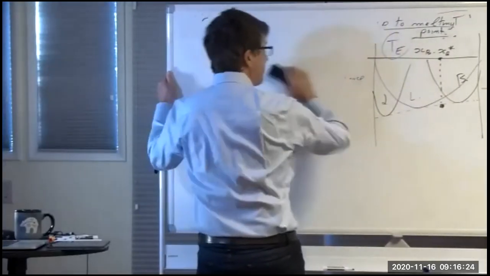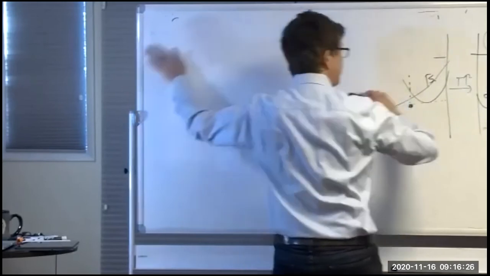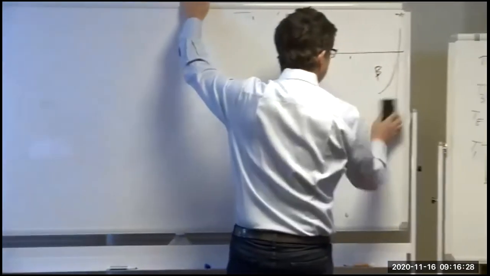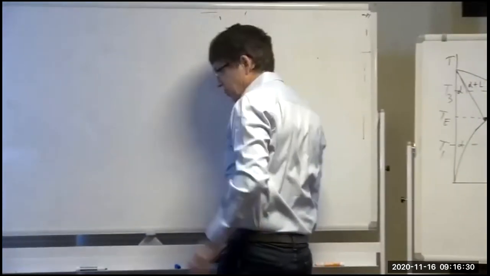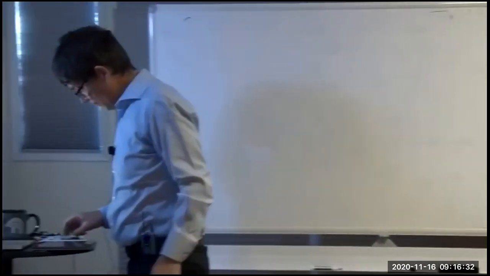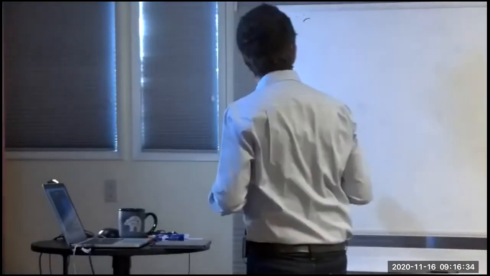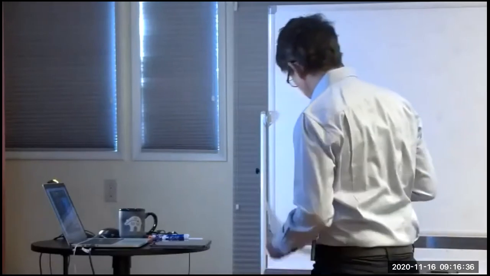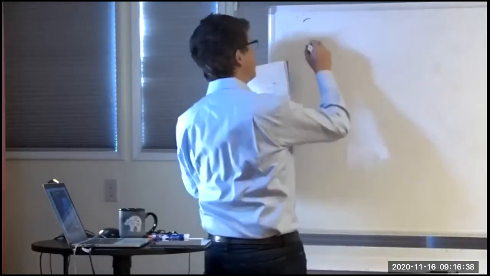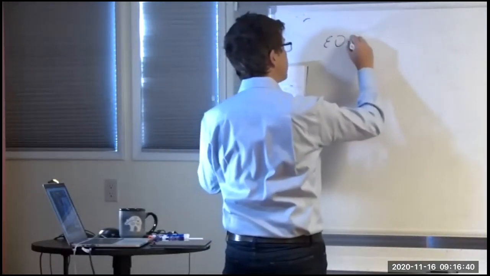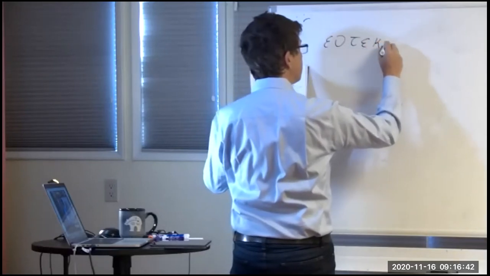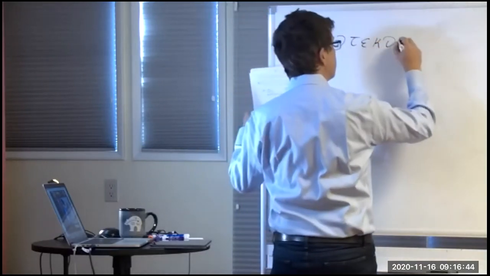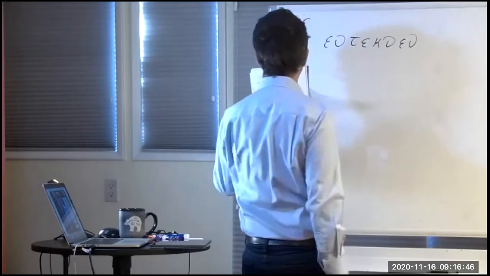I asked if anybody of you spoke Greek. That was intentional because eutectic is a Greek word. And I'm not going to impress you and write eutectic in Greek. It's eutectai, which I think is that.